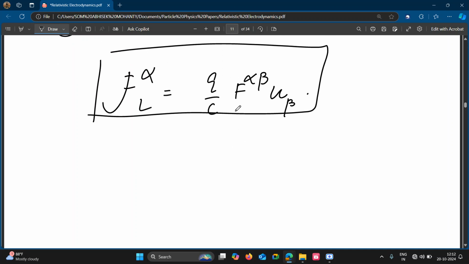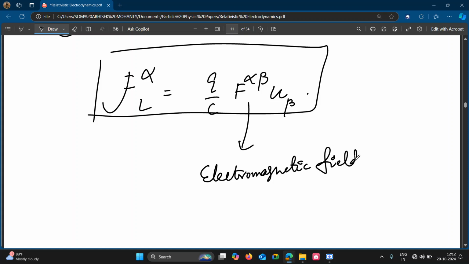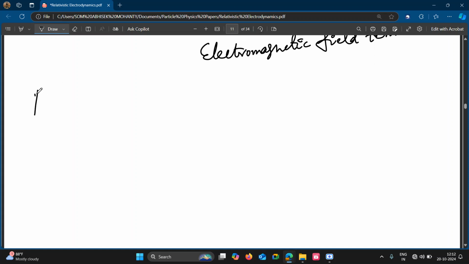So what is F alpha beta? This F alpha beta is called the electromagnetic field tensor. So what are the terms for it? F00 is 0. All the diagonal elements are 0.